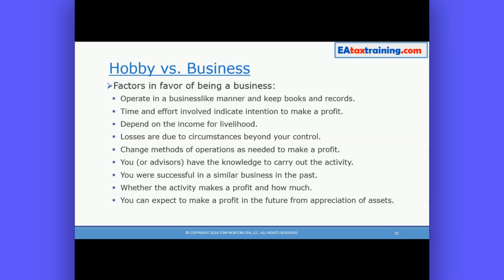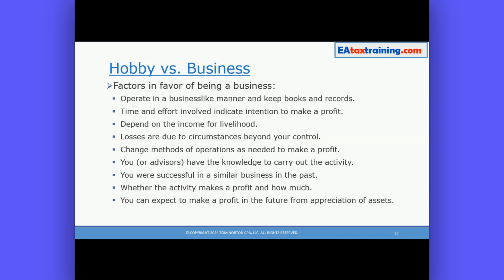In other words, this is a business you're getting into that makes sense based on your background or the background of your advisors. It's not just something you got into for fun on a lark, but it's actually something that was thought out and makes sense based on your life and on your life experience. Have you been successful with a similar business in the past?